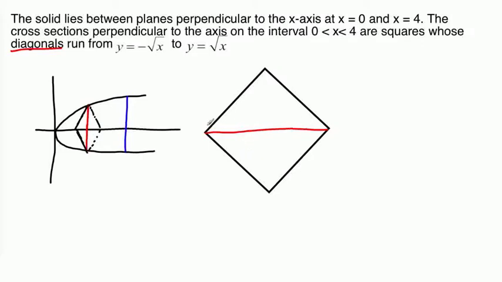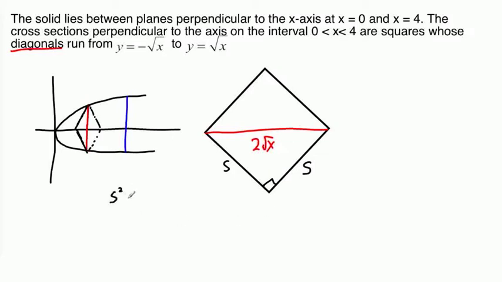Now, the length of this diagonal is going to be the square root of x and another square root of x, so this is going to be 2 square roots of x. That's going to be the diagonal. In order to find the sides of this square, because I need to find the area of this square, you have two sides, which I'm going to call s and s. And if you notice, if this is a square, this becomes a right triangle, so I can actually use the Pythagorean theorem.